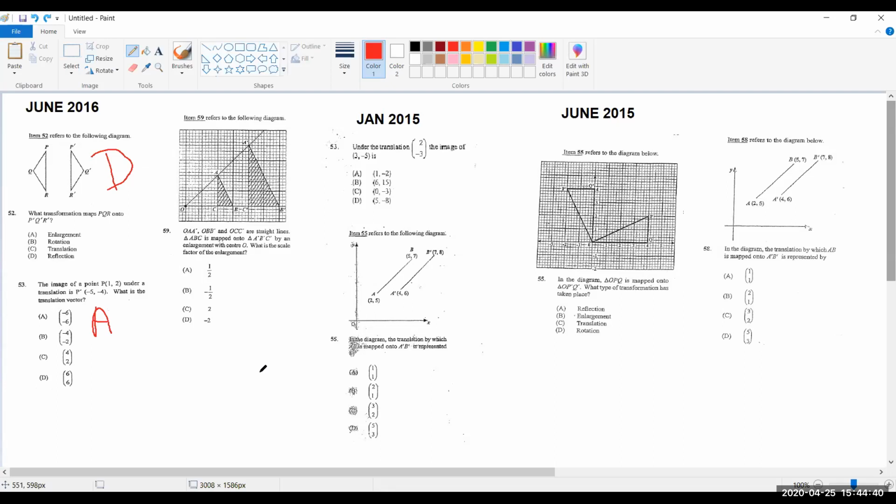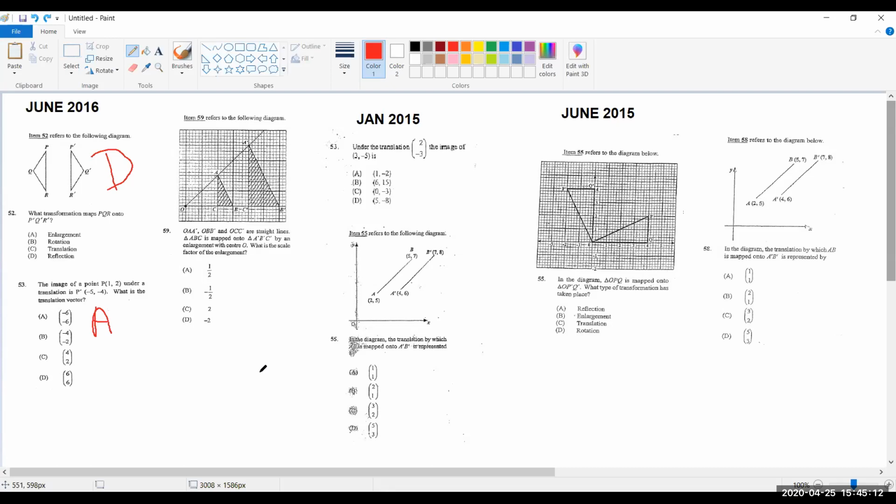So number 59. I'm not reading the question properly. OAA1 and OBB1 and OCC1 are straight lines.